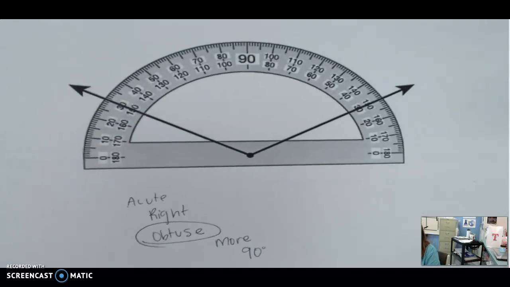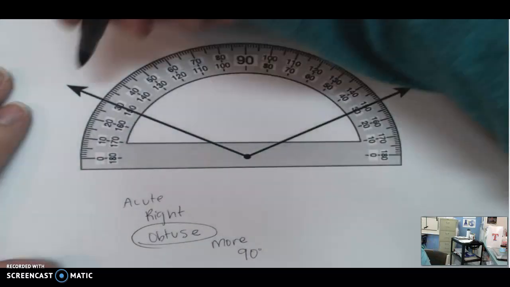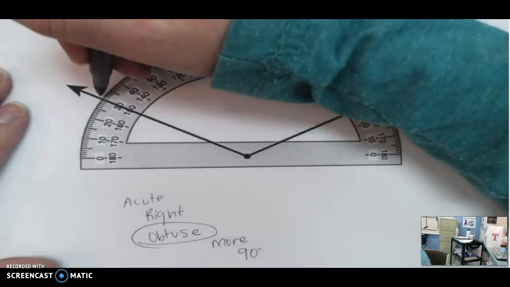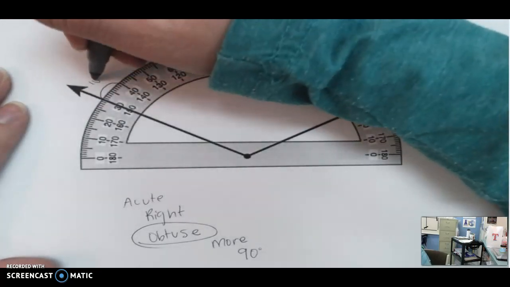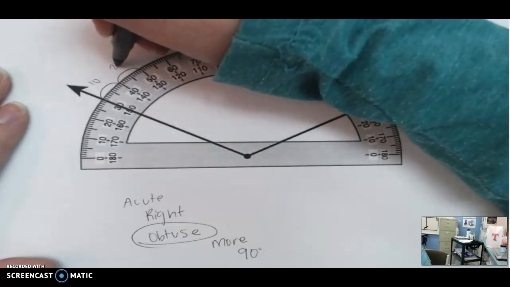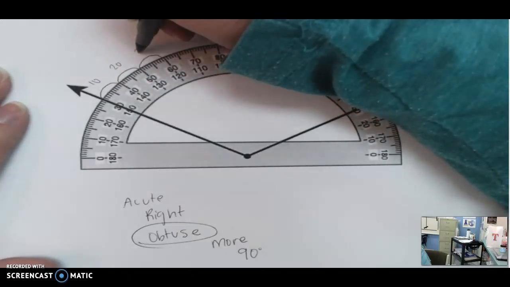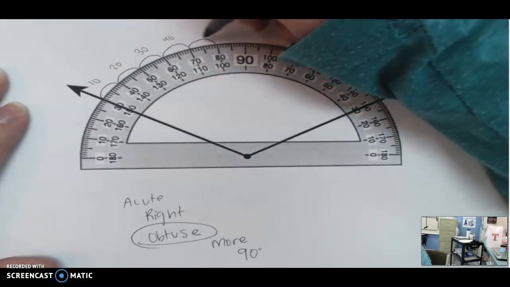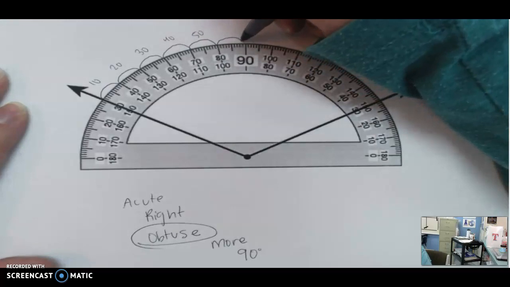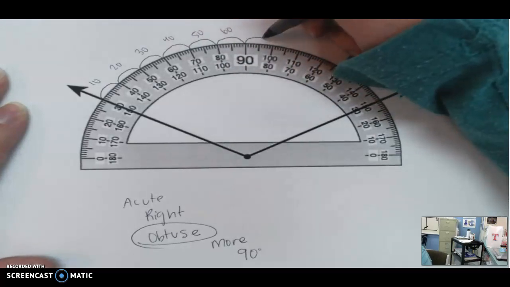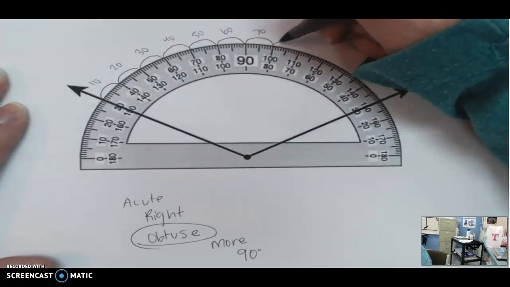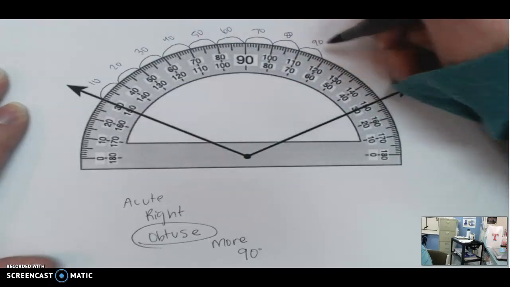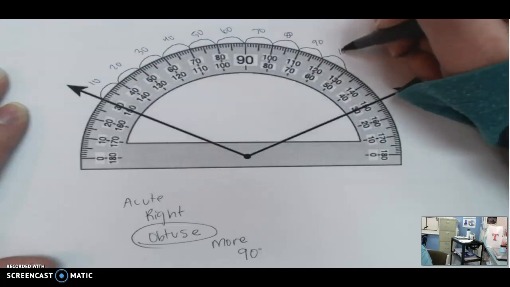All right, let's count on. So I'm going to count by tens, start on this side. So from here to here, 10, 20, 30, 40, 50, 60, 70, 80, 90, 100.